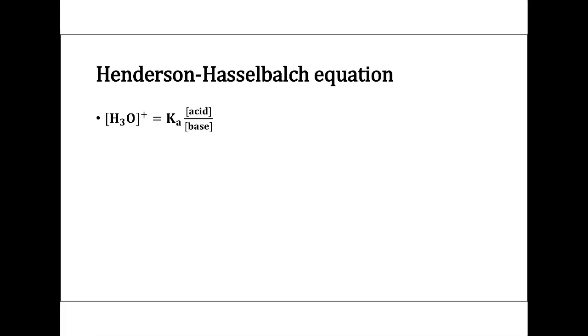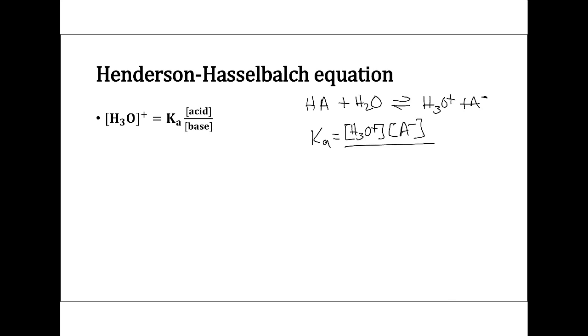So that's where one of these equations comes into play, and this is known as the Henderson-Hasselbalch equation. So what we'll find is, if we start with our initial reaction, HA plus H2O yields H3O plus A minus. We could write out that Ka is equal to H3O plus times A minus, which is our base, over HA.